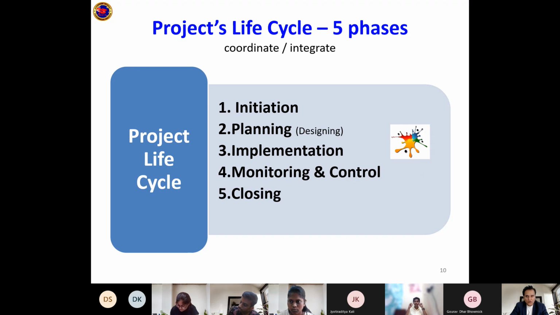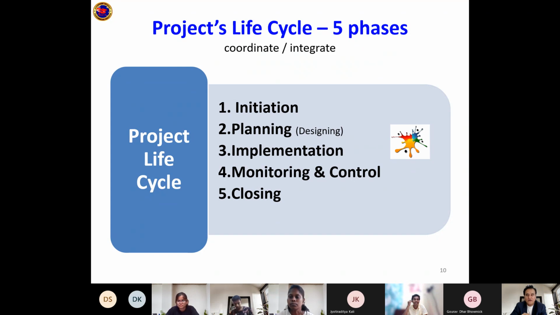When the idea is approved, then only you can go for planning to execute the idea. When the initiation stage ends, the planning stage starts. Initiation is an ideation stage, a concept stage. It starts with an idea and it ends with a signature of approval of the idea.